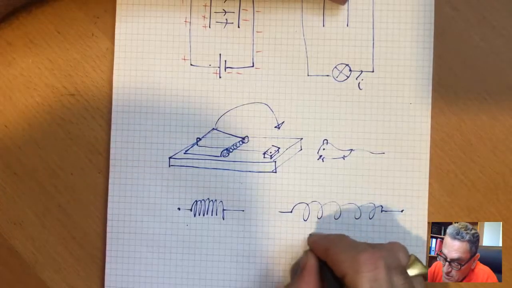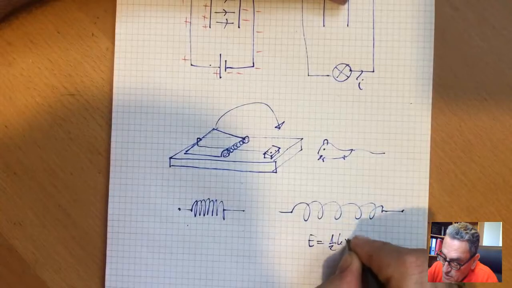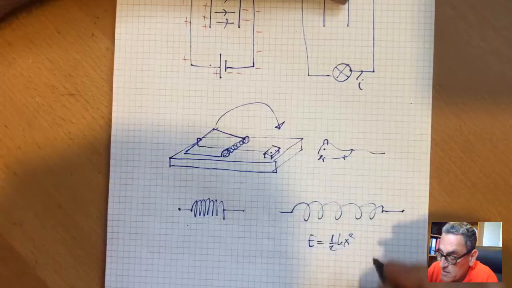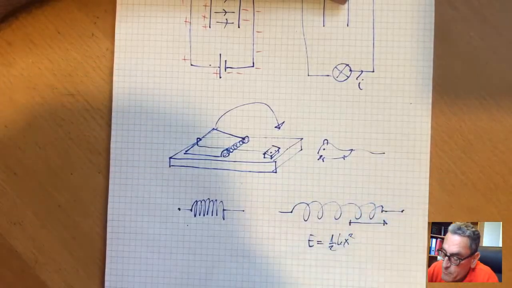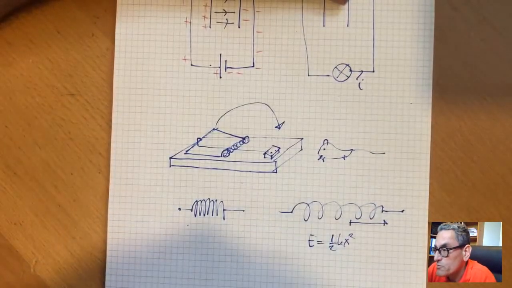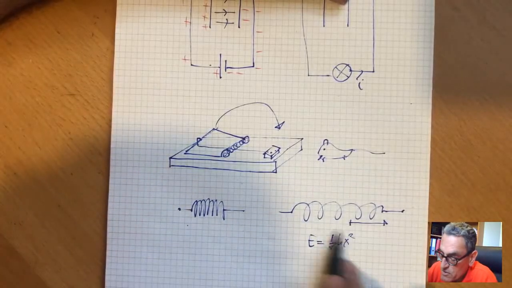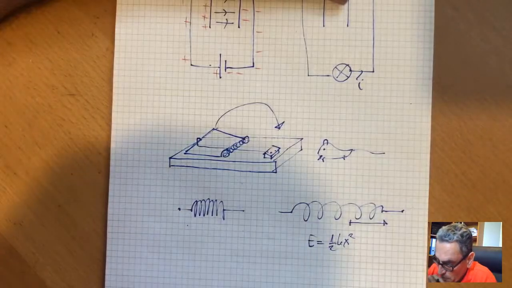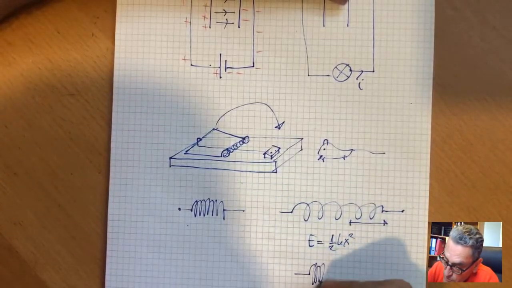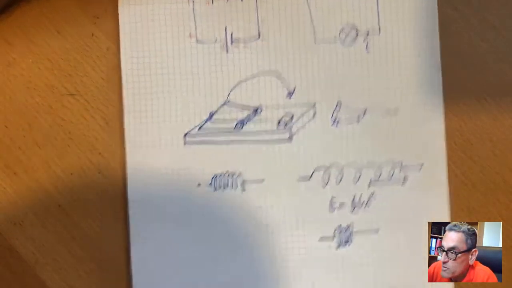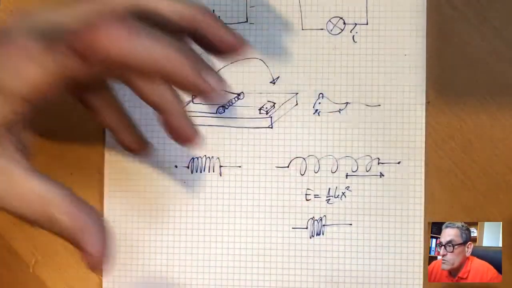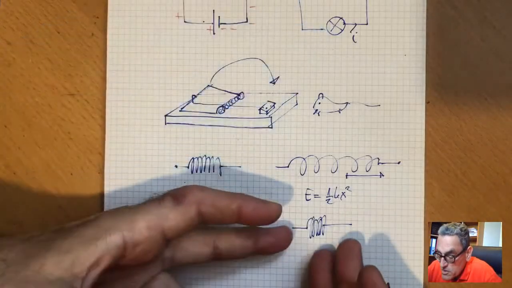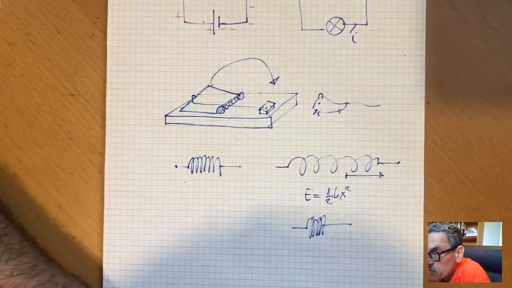By the way, this energy is 1/2 kx squared, where k is the constant of the spring and x is the distance between the rest position and the actual position of the spring. So you see, it's an expression that looks like kinetic energy. Same thing if you compress the spring. This spring is going to want to expand, so it's ready to give you mechanical energy. So this spring contains potential energy.